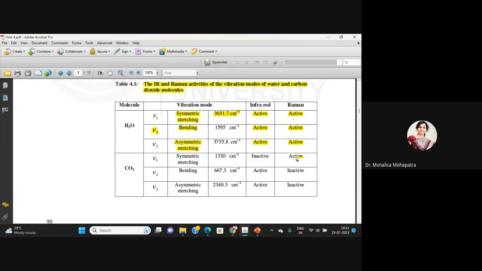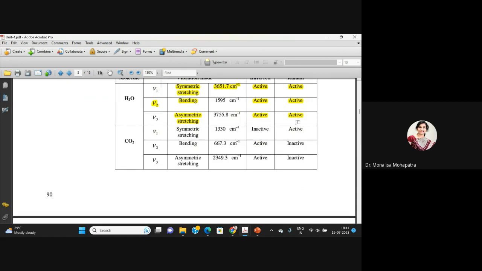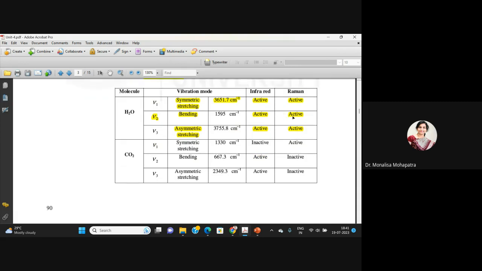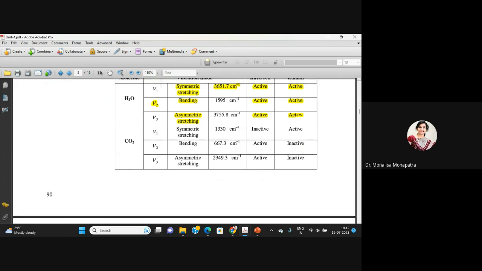Then which kind of molecule you are going to study, and which kind of molecular interaction you are studying, is also important. The third thing is the selection rule for the spectroscopy. So the molecules which are IR active need not be Raman active, and those which are Raman active need not be IR active, but they may be both active. Here you can see there is a rule for it. I am just going to the subsequent part.